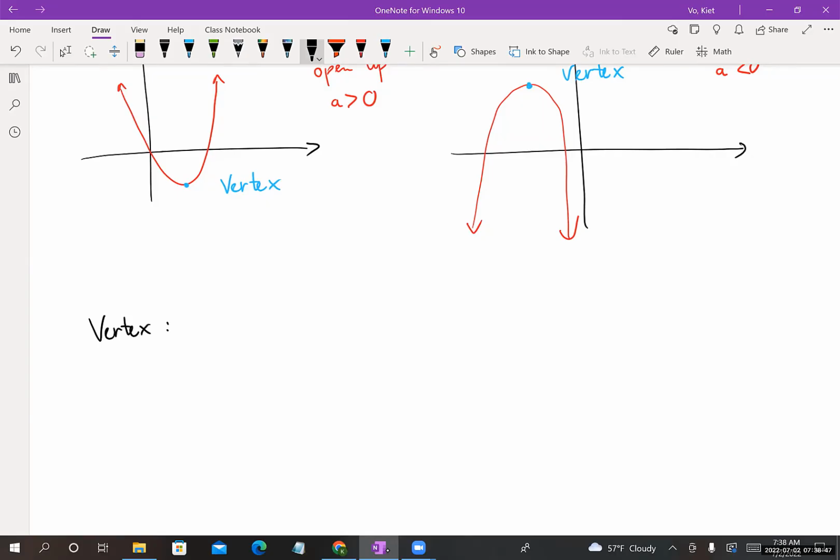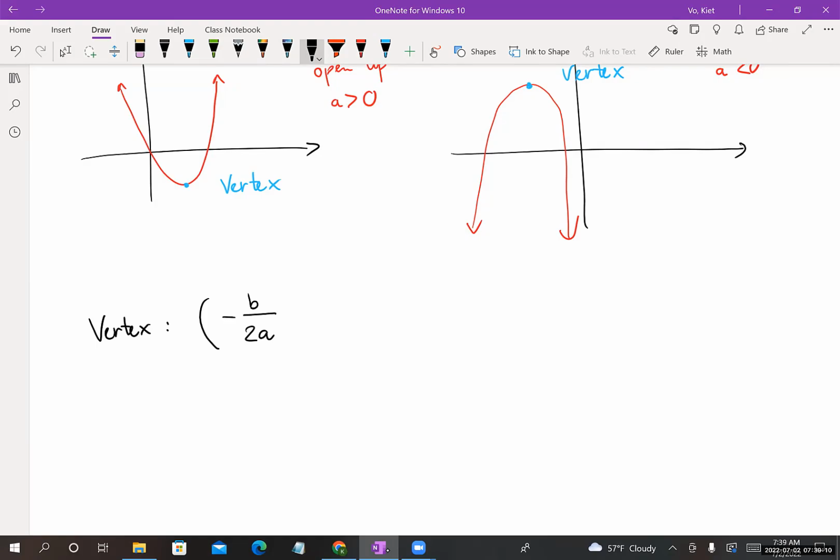If you have the function written in the general form ax squared plus bx plus c, then the formula for the vertex is going to be this. You can find the x coordinate by taking the value b over 2a and then taking the opposite of it. So it's negative b over 2a.